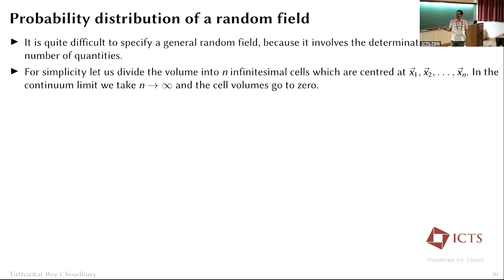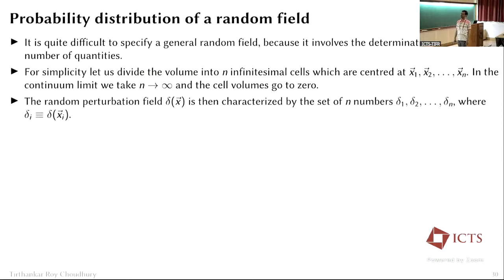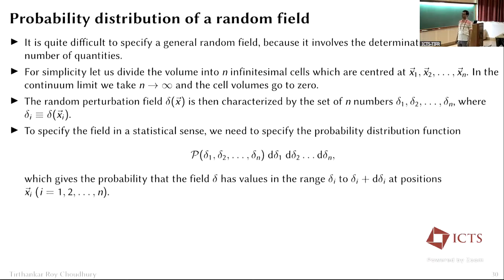And you can always take the limit where n tends to infinity. Now, this density field, which is characterized by the density contrast, is basically characterized by this set of n numbers. So if somebody gives me these n numbers for the universe divided into n small cells, I know the density structure of the universe.